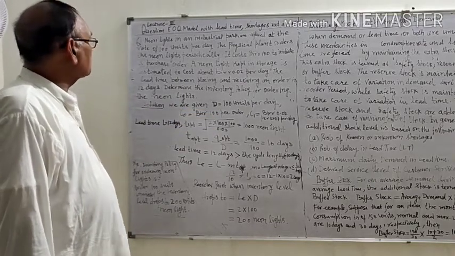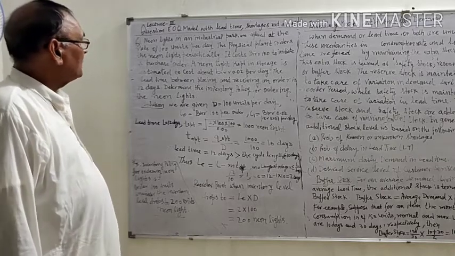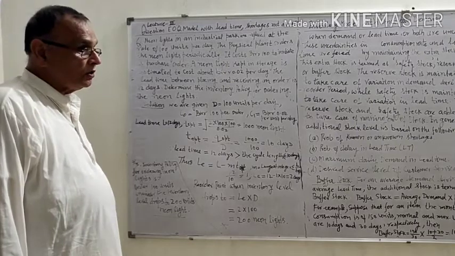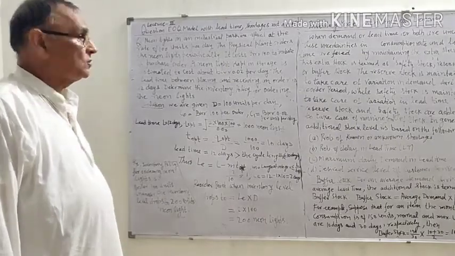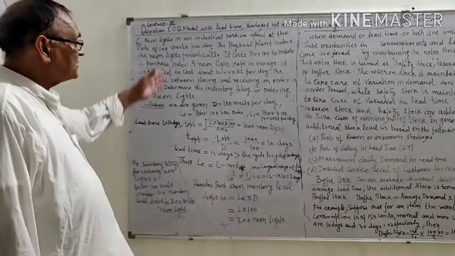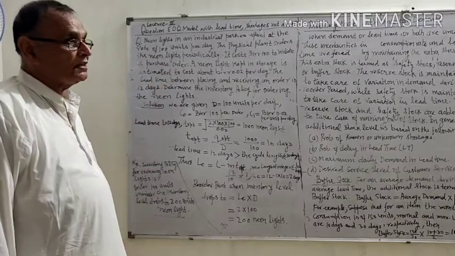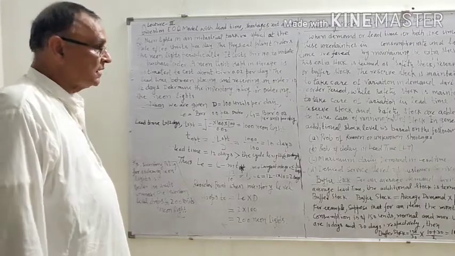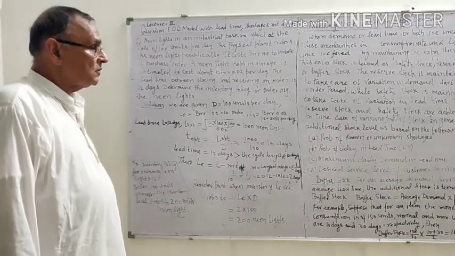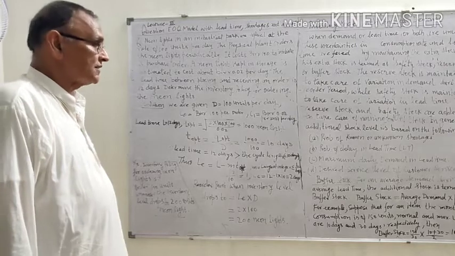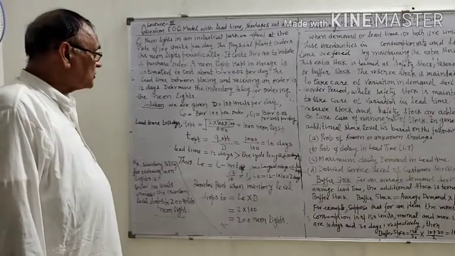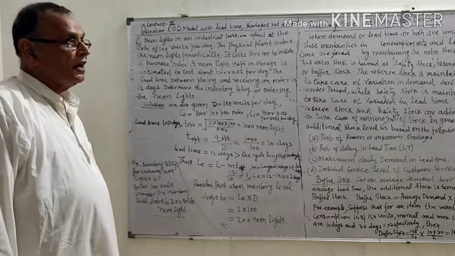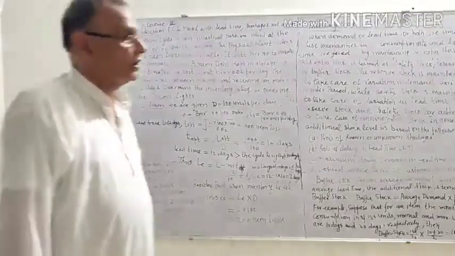So this is the model in which lead time is not zero and shortage is not allowed. In this type of model, for an optimal solution, we have to find the inventory level at which the order is to be placed.